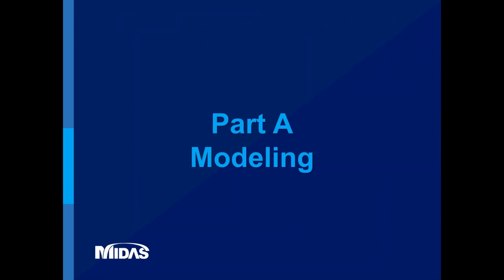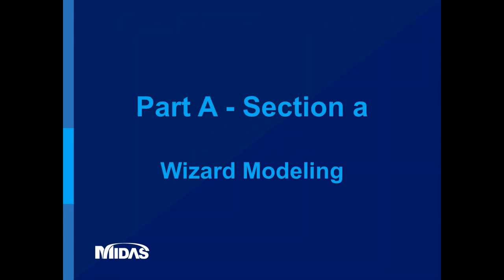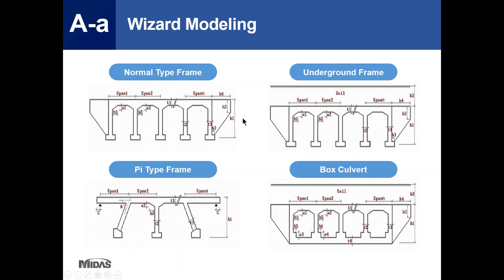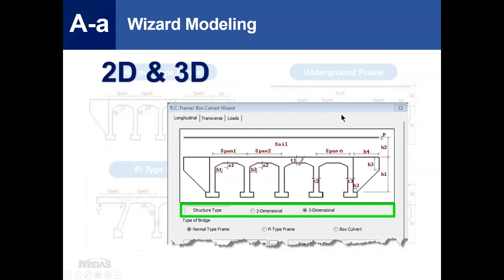So going into the actual modeling, part A, the wizard modeling portion. The normal type of frame, underground frame, or pie type of frame, and box culvert can all be modeled using the wizard. And all of the structures can be modeled in 2D and 3D format.